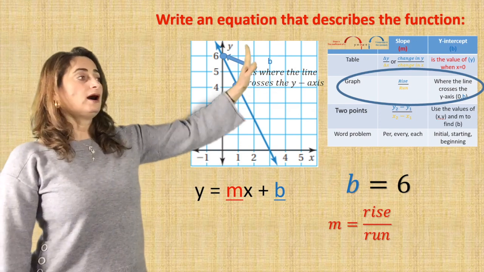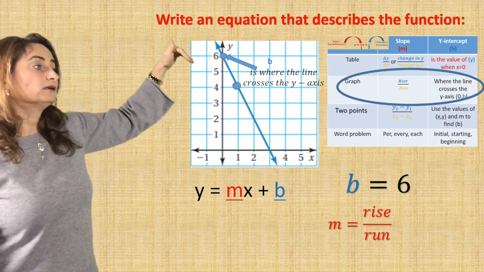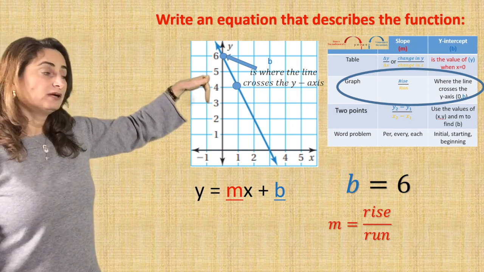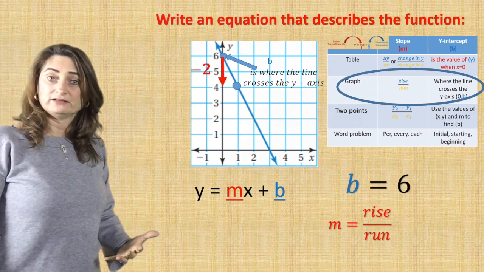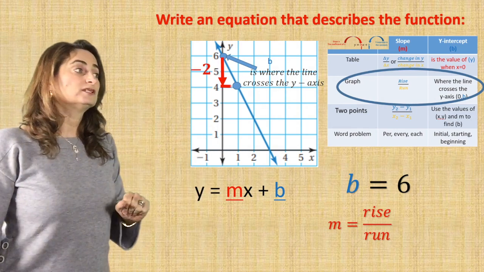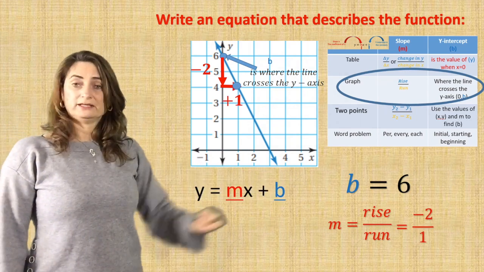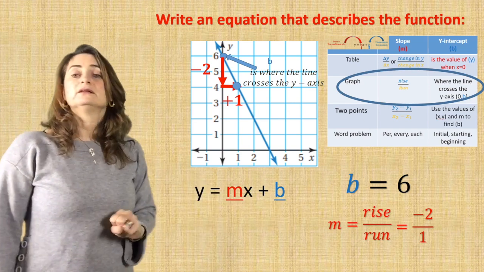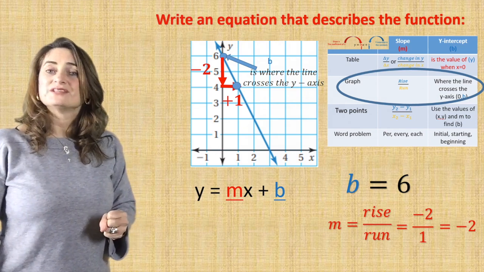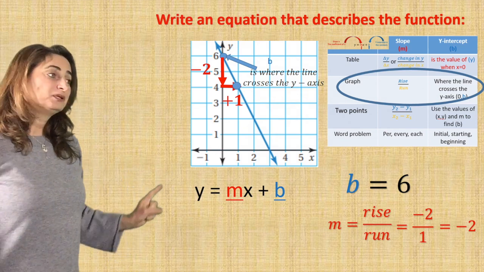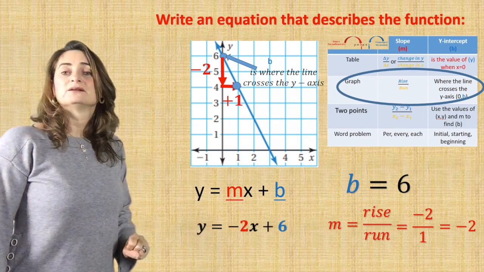Since the line is dropping down, I am going to go down from 6, and make sure you're counting by ones, so from 6 to 4, the rise is negative 2, and the run from 0 to 1 is only 1. So the slope, when you simplify that, equals negative 2. Replace the slope and the y-intercept in the equation, so y equals negative 2x plus 6.